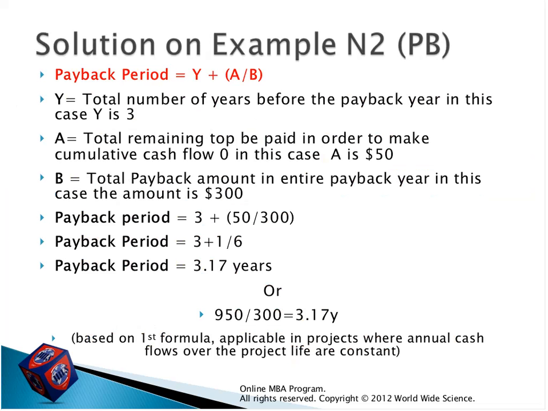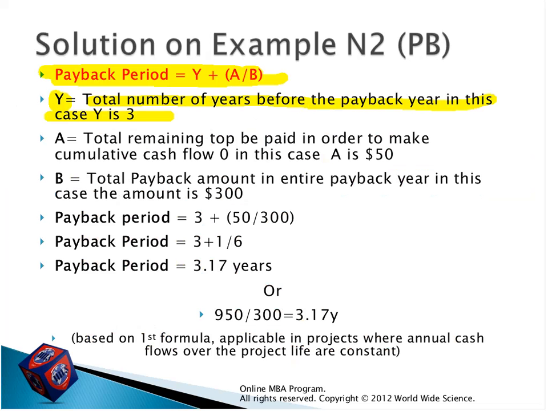In the previous example, you remember I used this formula: Y plus A divided by B, where Y is the total number of years before the payback year, in this case year 3.